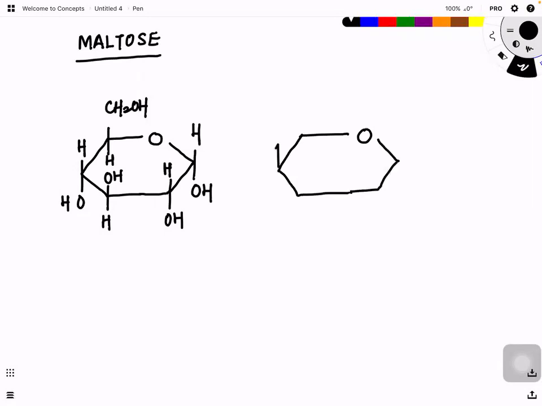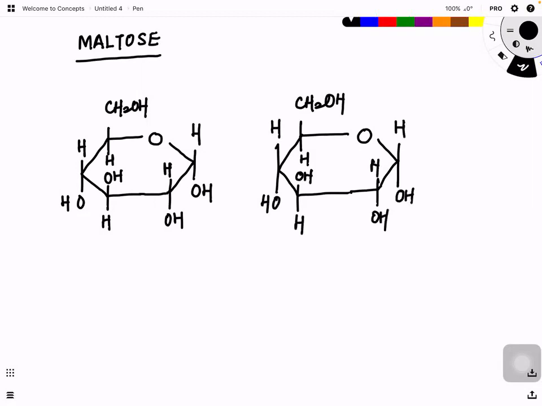CH2OH, H. You have to remember the structure, guys, no choice. So now I label this as carbon 1, carbon 2, carbon 3, carbon 4, carbon 5, and carbon 6. The same for the other molecule: carbon 1, carbon 2, carbon 3, carbon 4, carbon 5, carbon 6.